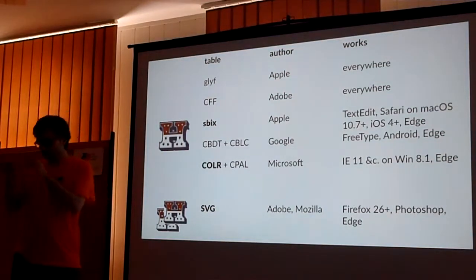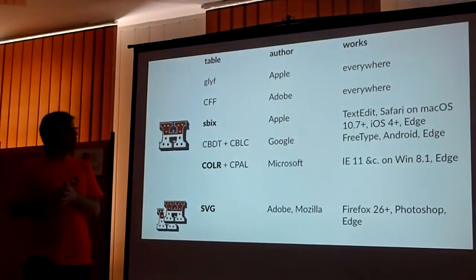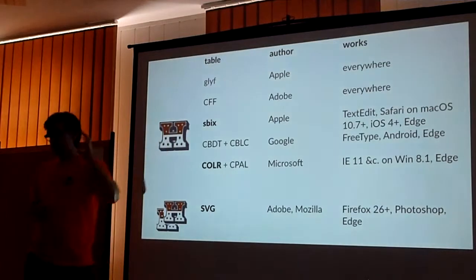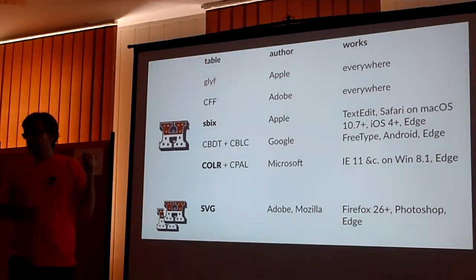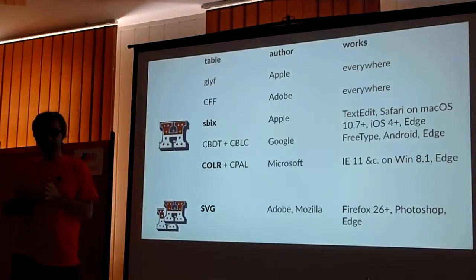So the description of how each glyph is constructed is stored in the glyph table for monochrome fonts, and that's the original TrueType way of describing the shapes using quadratic B-splines.